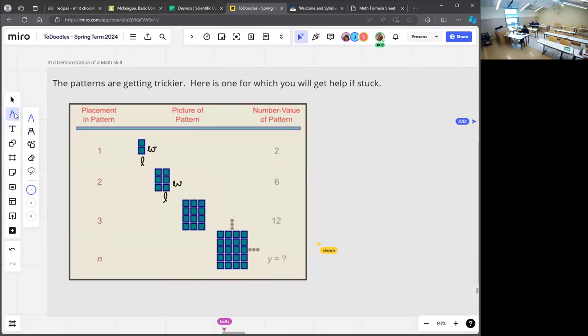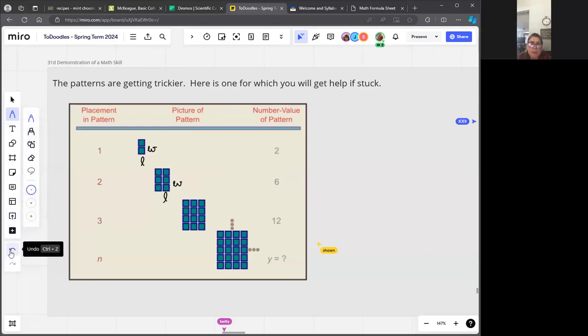We're not just doing squares, though. The pattern keeps changing, huh? We are multiplying.